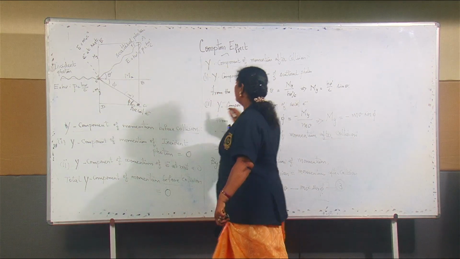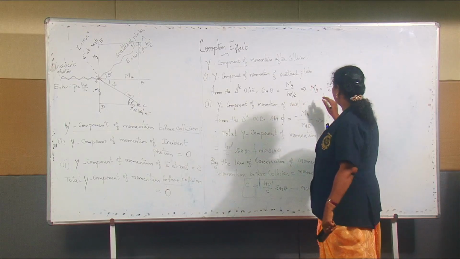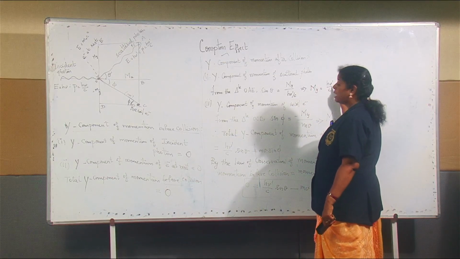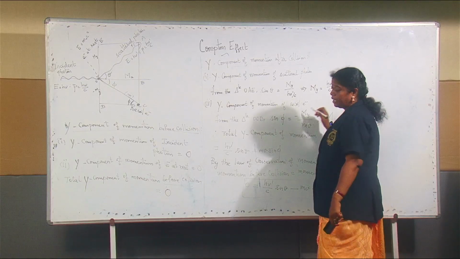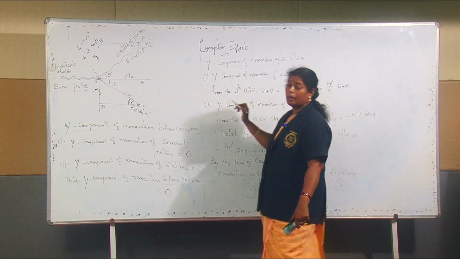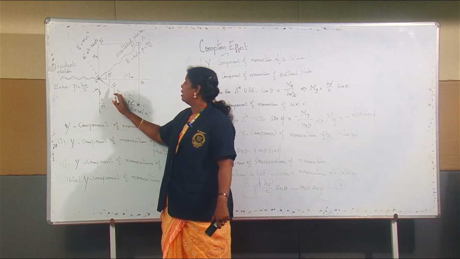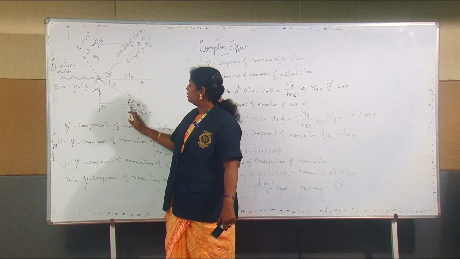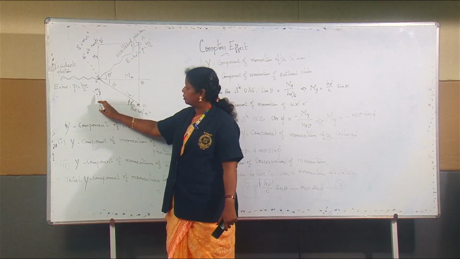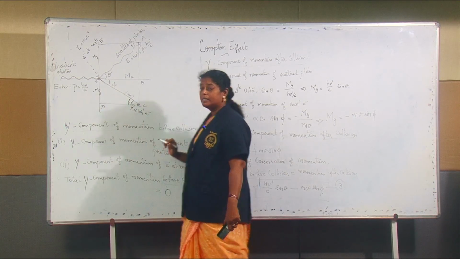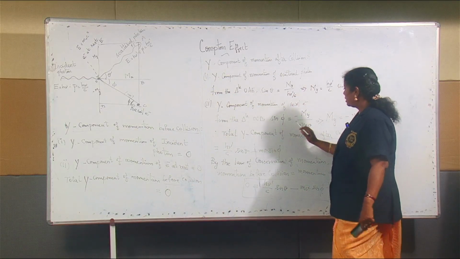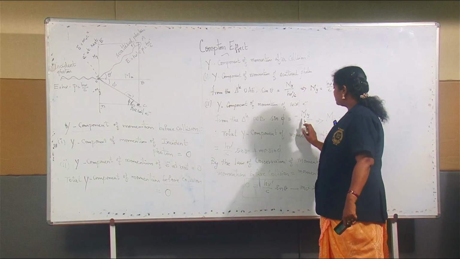So it is py by h nu dash by c, and we get h nu dash by c into sine theta. For the recoil electron, it is the minus y-axis, so it is minus py. Here it has the angle phi; this side is also phi. For phi, it is the opposite side, so again we use sine phi, which is equal to minus py by mv.